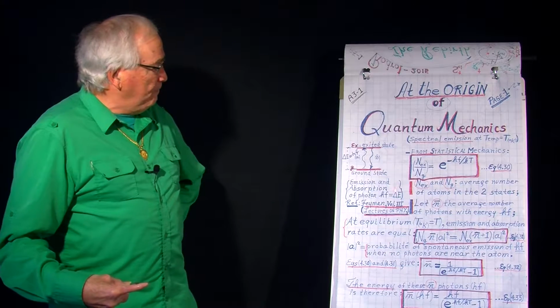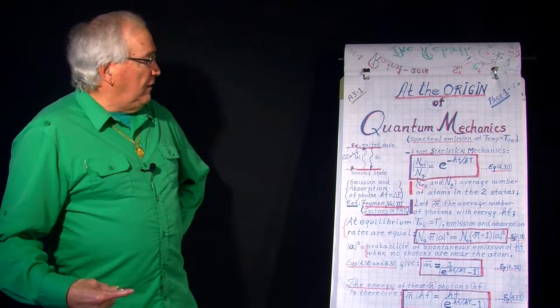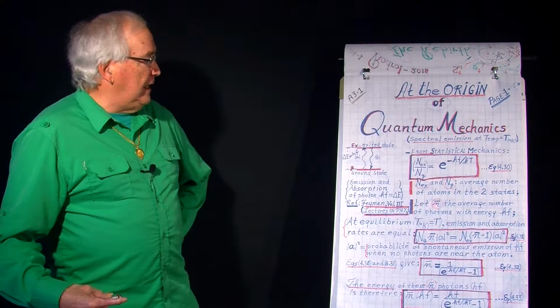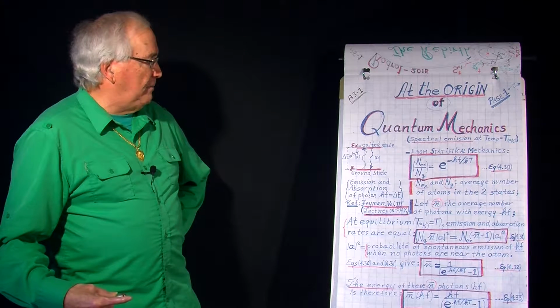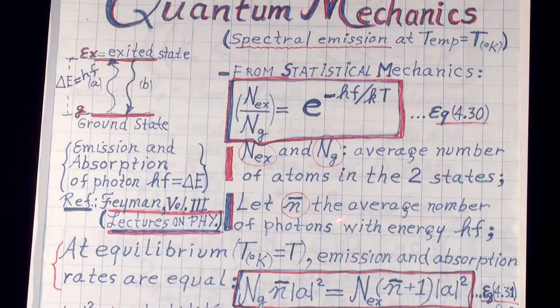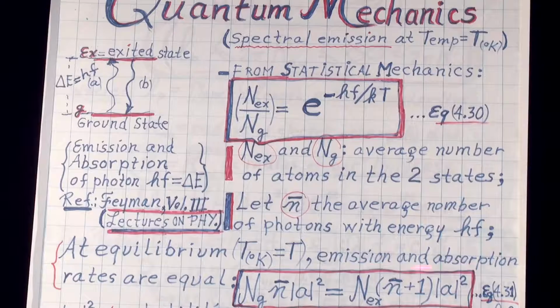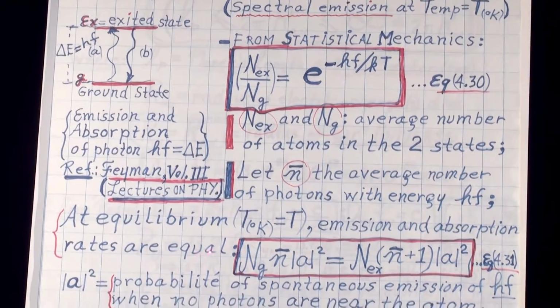And now, if we define the average number, n with a bar here, the average number of photons with energy HF, okay, at equilibrium, when the temperature is T, the emission and absorption rate are equal.